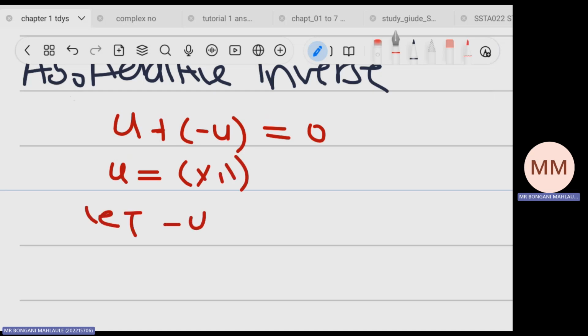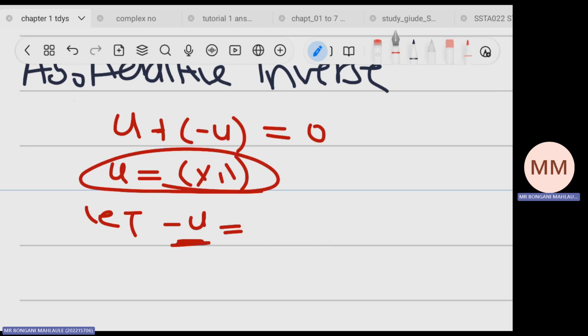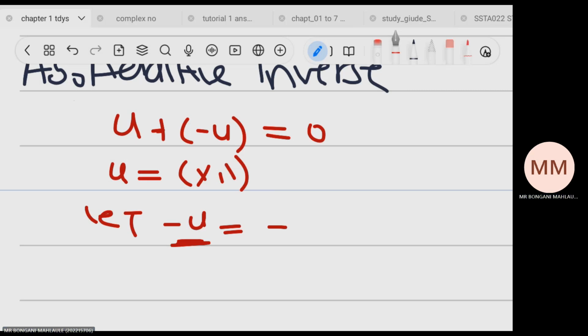So I can say let negative u be equal to x1 comma 1. Or we can actually just, because we want to verify what we're going to get, we can say let negative u, we multiply this by negative, you'll get negative. So we cannot multiply this one by negative. Hence, I wanted to first, but we can even write it like this. It's still fine. This is still an element of real numbers.